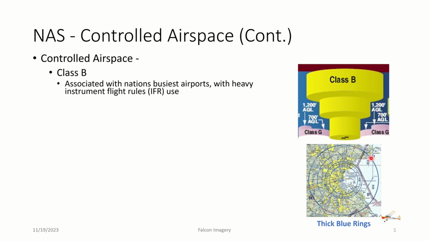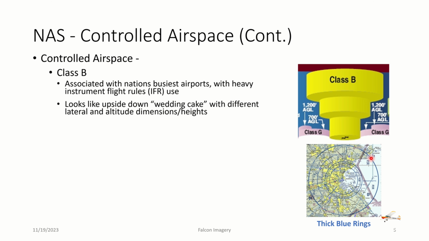Then take a look at Class Bravo airspace, or Class B. This is again associated with your nation's busiest airports with heavy instrument flight rules use, such as Logan International Airport, O'Hare, and other major airports around the country. If you look at a profile view of a Class Bravo airspace, it looks like an upside down wedding cake.